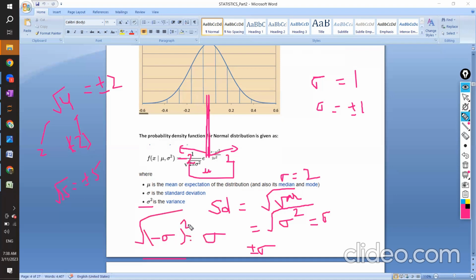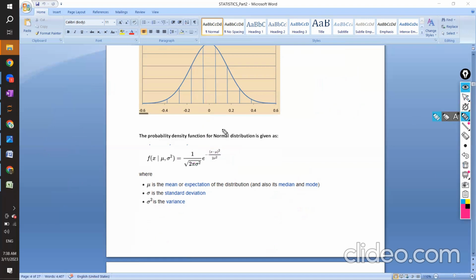So that's why standard deviation, because it is a square root, will be plus or minus rho. Is this point clear, guys? This is a very important point. Yes, Santosh. Fine. So when someone says standard deviation equal to 2, they will not say it specifically, but it automatically means you should consider plus or minus 2.